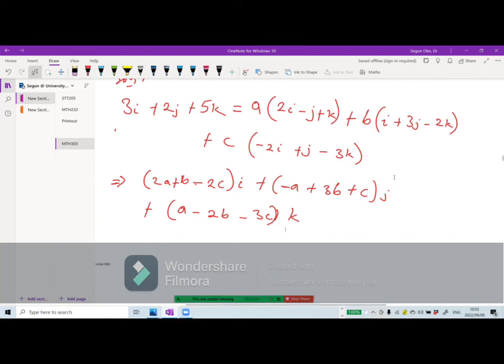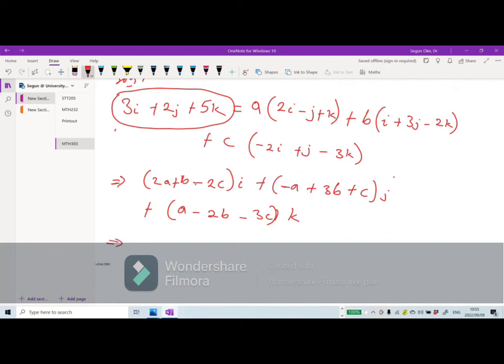So in this case now, we are to solve them, but don't forget, what is i represented here? Look at it. You equate each of the equations to the corresponding coefficient.